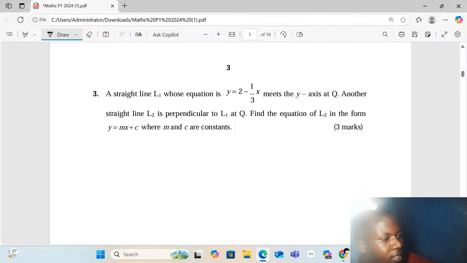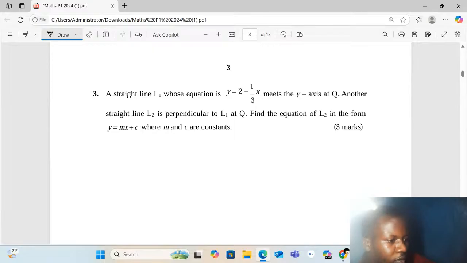The question reads: a straight line L1, whose equation is y equals 2 minus a third x, meets the y-axis at Q. Another straight line L2 is perpendicular to L1 at Q. Find the equation of L2 in the form y equals mx plus c, where m and c are constants.